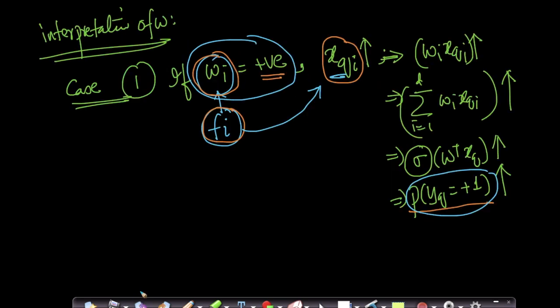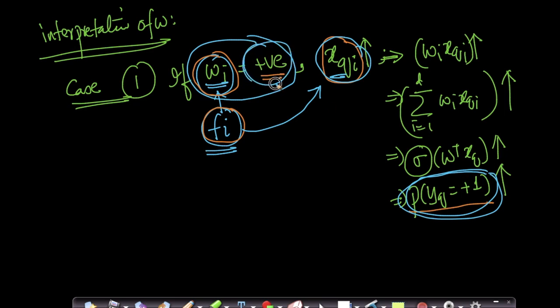I'll repeat it just for clarity. Given a feature i, if the weight corresponding to feature i is positive, then for any query point xq, if the value corresponding to the ith feature increases, its probability of belonging to the positive class increases.